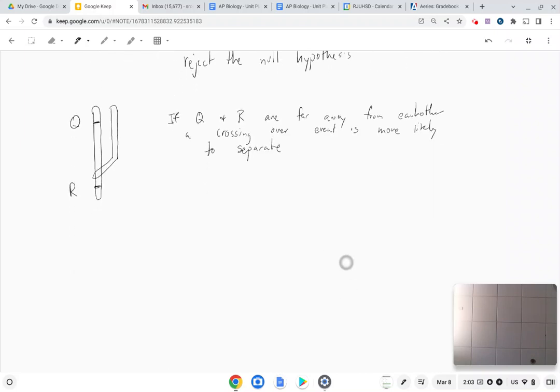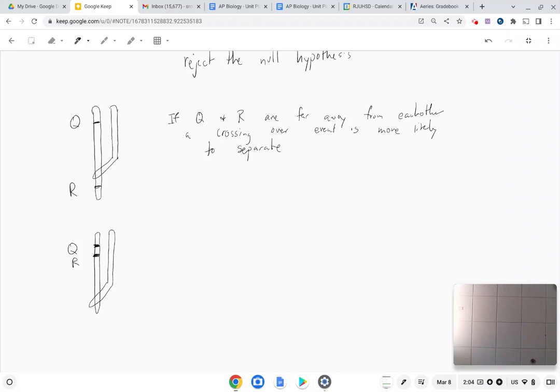Now let's compare that to the case where Q and R are very close together. It's also possible that Q and R are located close together, very near each other, in which case, if a crossing over event occurred like that, it wouldn't happen. The only way that you could split Q and R is if the crossing over happens right there, right in that little small spot.